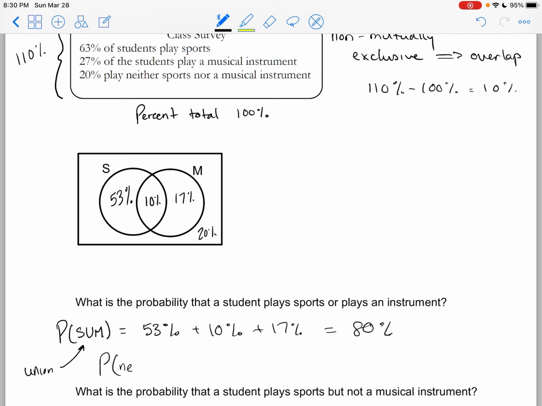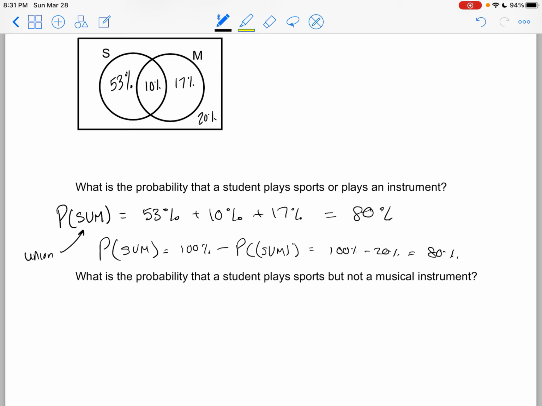So if we said the probability of the union could be equal to 100% minus the probability of the complement, which we know is the 20% that's outside of everything. So we could have said 100% minus 20% to get 80% that way as well.